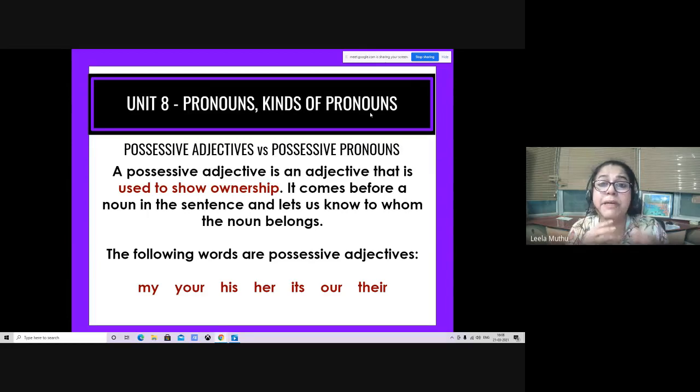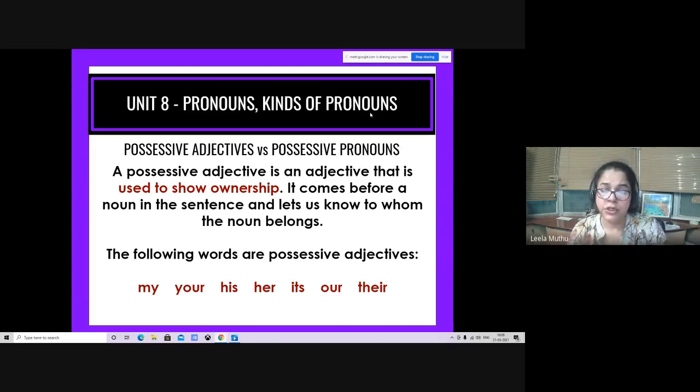It describes it by showing ownership or possession. Okay. What is possession? When you have something, when you own something, it's called possession. It shows ownership of what that thing belongs to, who it belongs to, or what it belongs to. Okay. So let's see the difference between a possessive adjective and a possessive pronoun.